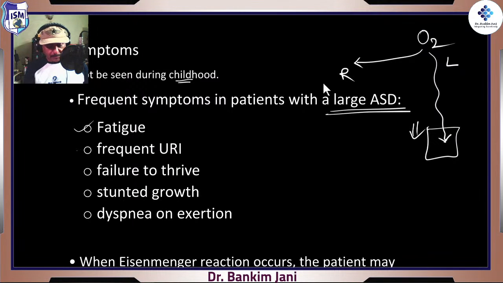Frequent upper respiratory tract infections because of that congestion. Failure to thrive. Thrive means the expected growth and development, right? That is stunted, that is decreased. Stunted growth. Dyspnea on exertion, breathless.